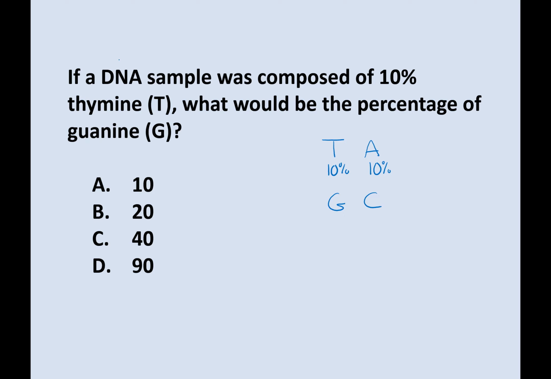And so we're talking about a double helix. So that equals 20%. G and C must equal 80% to get 100%. So then we have to divide it in half because we have the same number of G's as C's. So the answer is 40.